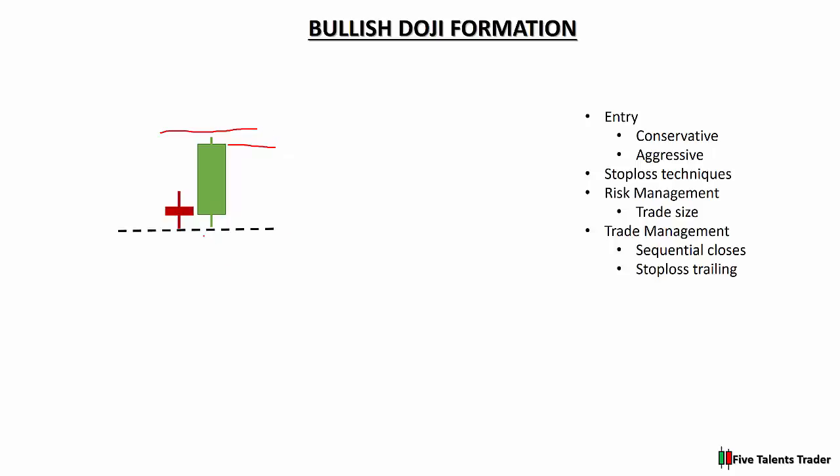And stop loss will be 5 pips below either the level of support and resistance, the low of either the doji or the confirmatory bullish bar. And I use my sequential close technique.